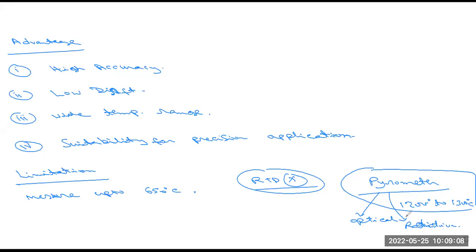Thermocouple is basically one of the temperature measurement devices. It has two junctions: one is the hot junction, another is the cold junction. Two types of material are used in these two junctions.